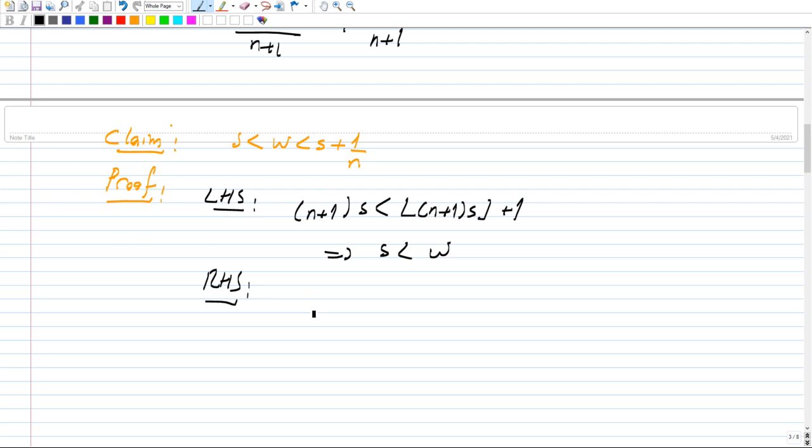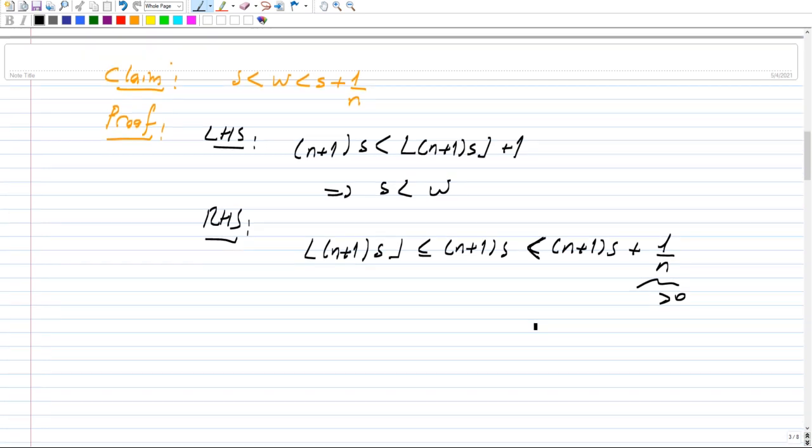Now, following the same idea, let's write the trivial inequality for the greatest integer function: the floor of (n plus 1)S is less than or equal to (n plus 1)S, and (n plus 1)S is less than (n plus 1)S plus 1 over n, since it is positive. There is a strict inequality.